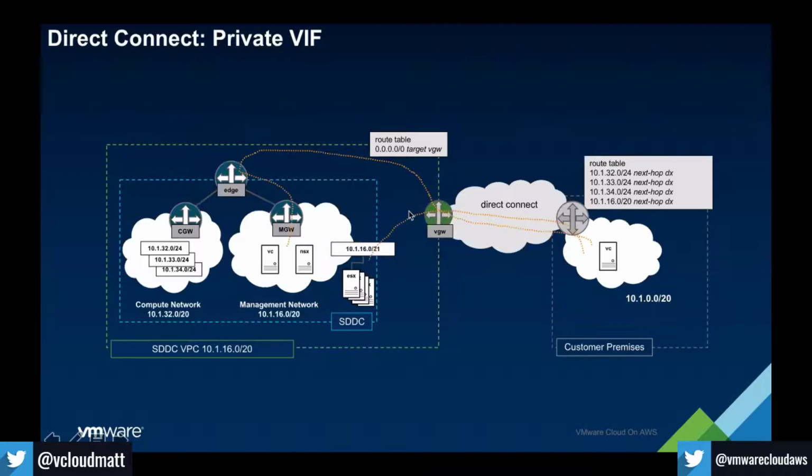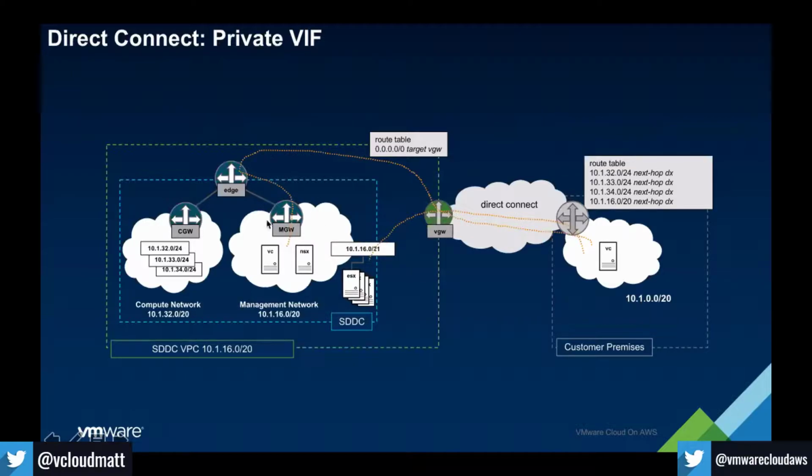Now, keep in mind, you asked about HCX and things like that previously. HCX traffic goes over public address space today, so unless that story changes, the private VIF design will have no impact on that.